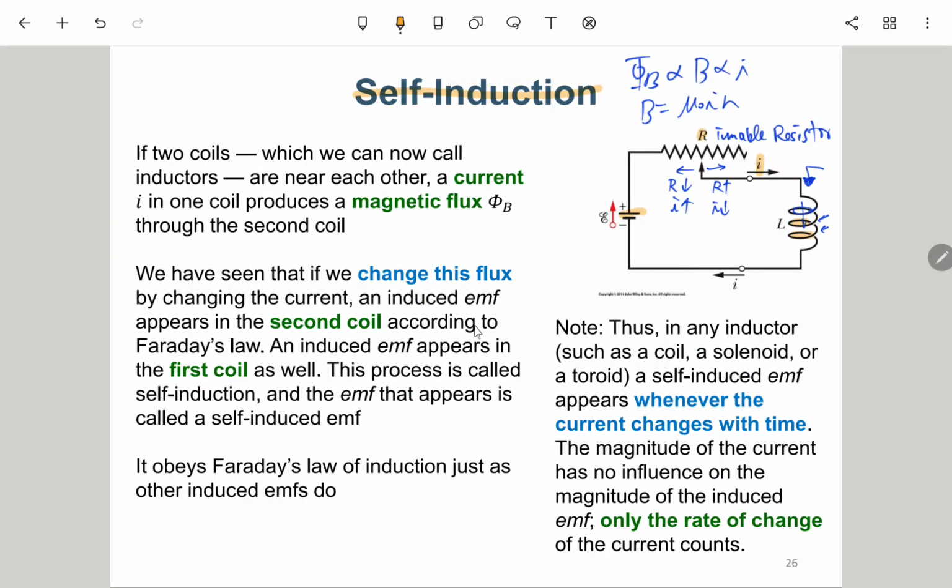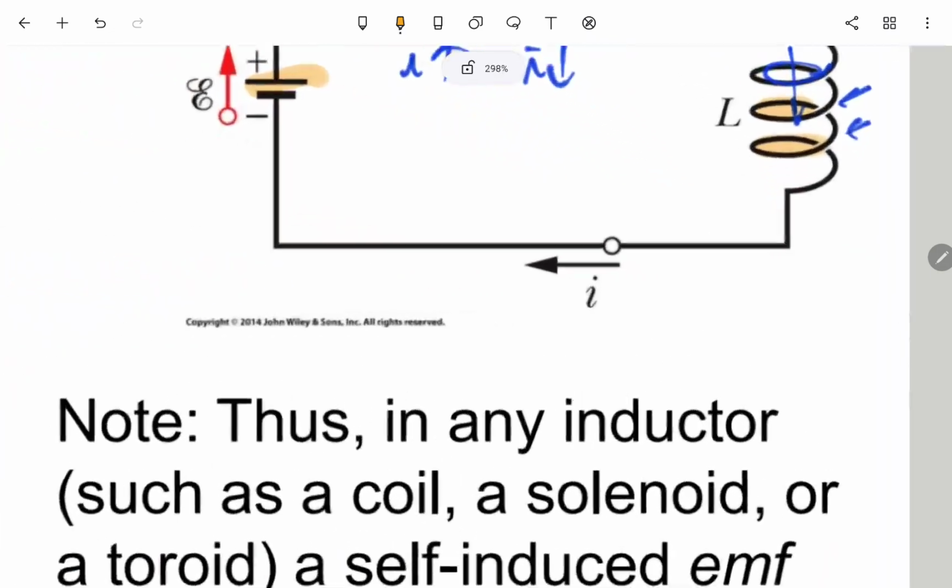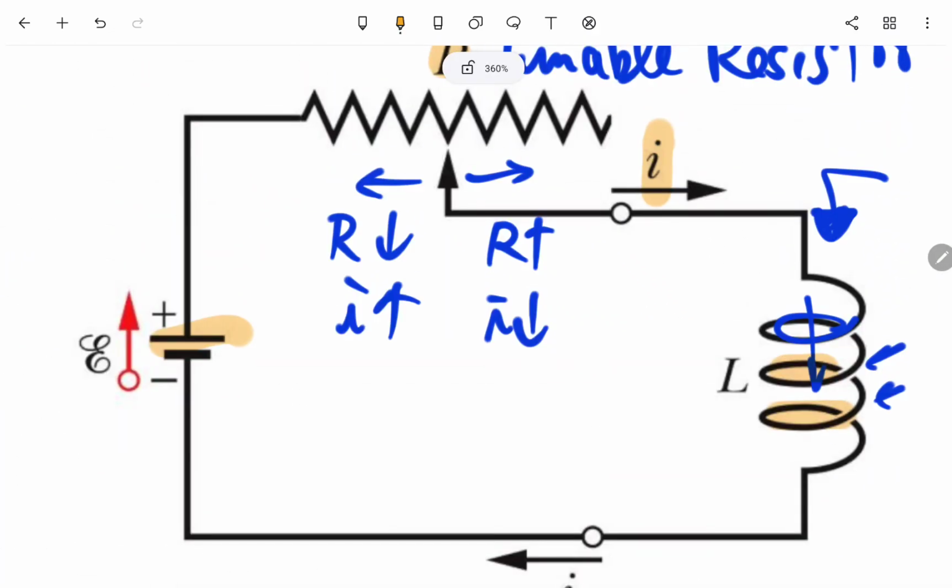And in that case, according to Faraday's law and also Lenz's law, you can actually consider the first turn. Let me draw it better. So this is the first turn, with this current.